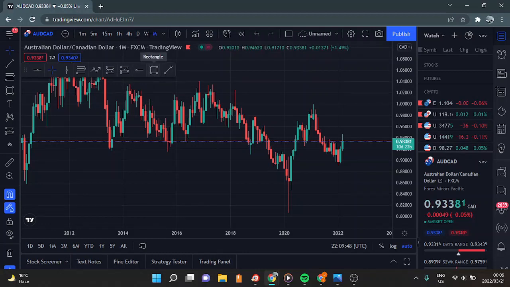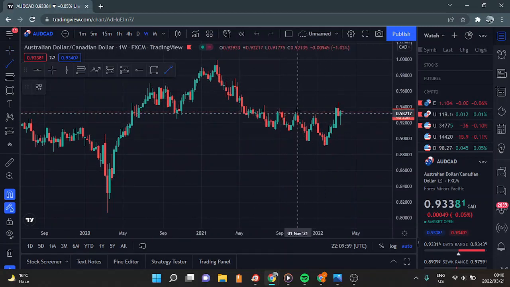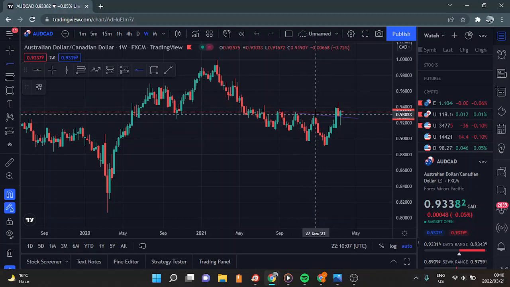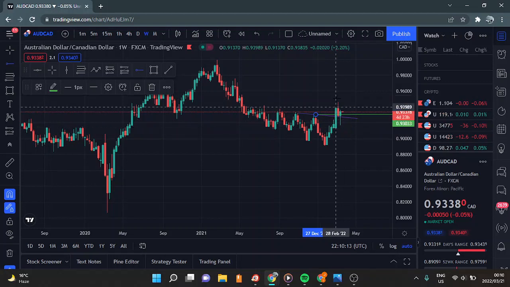Moving on to the weekly. As I come to the weekly, I target again the higher lows. As you can see, the market broke out of the structure here, then came back to retest, then pushed up.